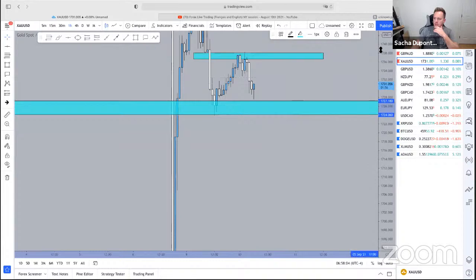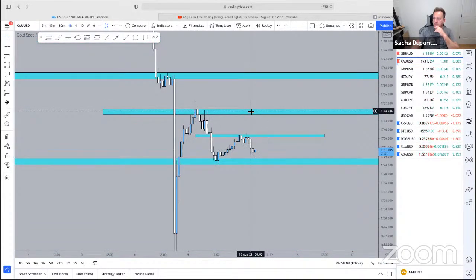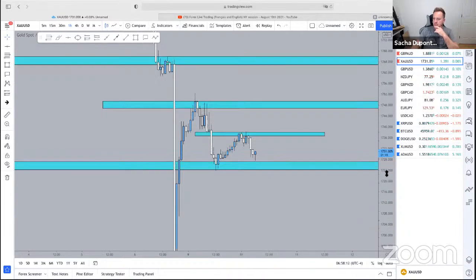So basically for gold now, it's either you want to be above this area, because here, I don't know, I don't like it, to be honest.